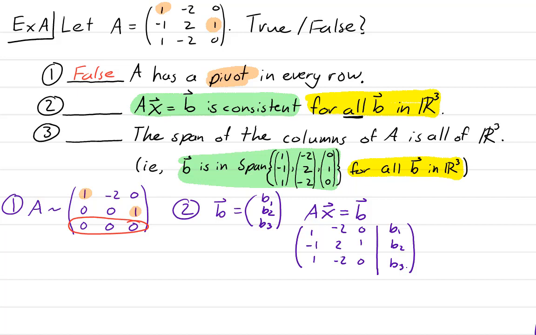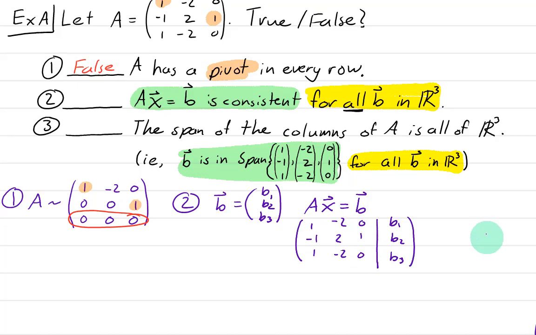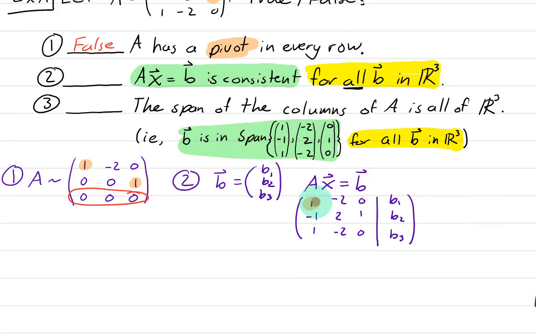So we did, because the A, we still want to get the A part on the left here into echelon form. So we're still going to have a pivot here. We're going to do row 1 plus row 2 to get a new row 2. I'll leave row 1 alone for now. But when we do this row operation, we have to keep track of the b's as well.